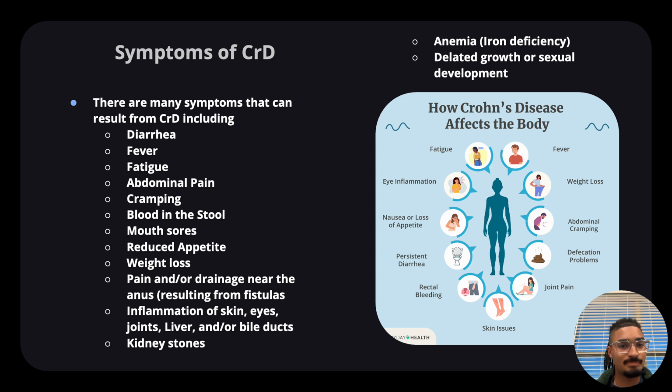Symptoms can range from diarrhea to fever, fatigue, abdominal pain, cramping, and then more excessively, blood in the stool, mouth sores, reduced appetite, rapid weight loss, pain or drainage near the anus resulting from fistulas, as I discussed earlier, inflammation of the skin, eyes, joints, liver, and bile ducts, kidney stones, anemia, and delayed growth or sexual development within adolescence. And you can see in this infographic right here, it explains different symptoms of the disease itself.